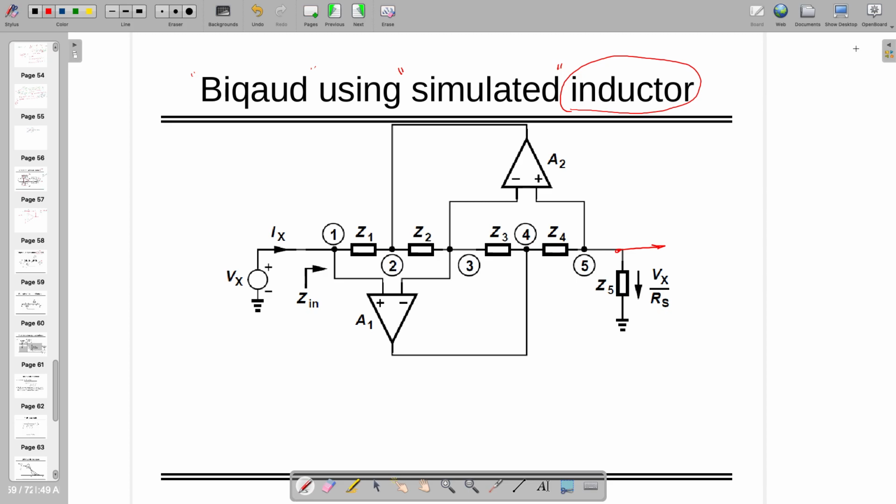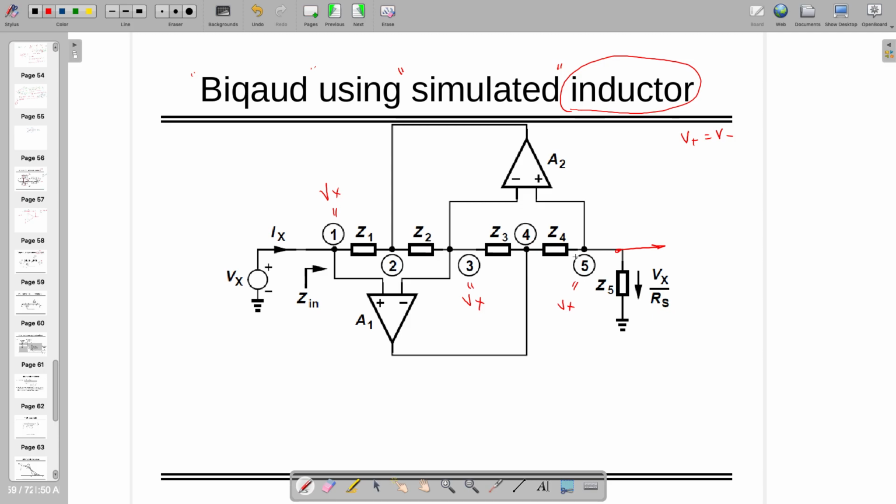By the way, what will be the value of V1, V3 and V5? V1 is Vx. So what is V3? V3 has to be Vx, right? In the ideal case, V plus equals V minus, and there is no current flowing inside. So what is the current flowing through all branches?